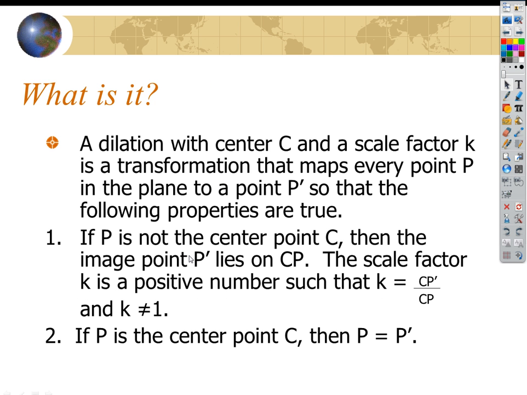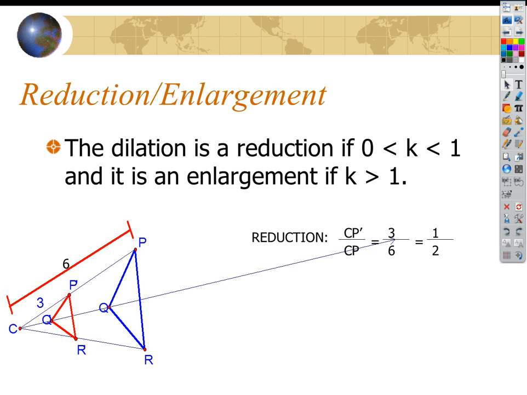Okay, so then real quick, I'm not going to belabor this here. I just want you to make sure we get all this straight. There's very little that you need to see on this. But if we had to look at one thing, we said K was the scale factor. I could measure that as the ratio of the corresponding parts of the image to the pre-image. The other way we can do it that's almost easier is to just look at the distance from the center to P prime compared to the center to P. For example, look at this one.